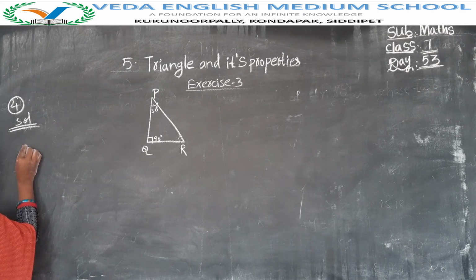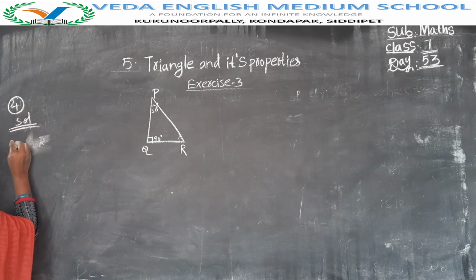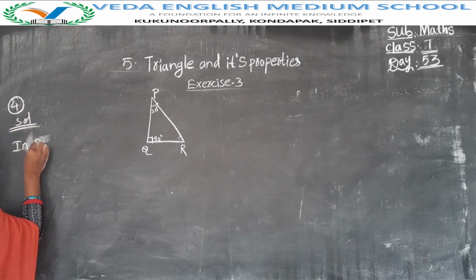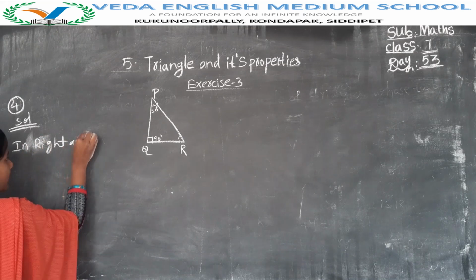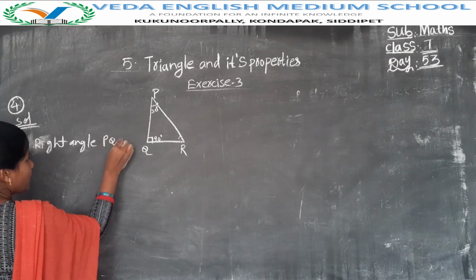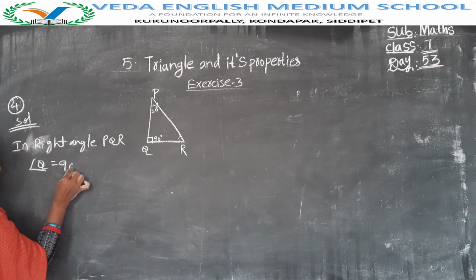Solution in right angle triangle PQR, angle Q is 90 degrees.